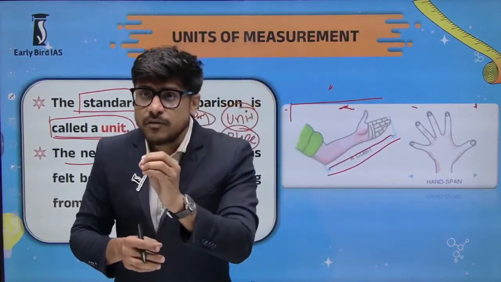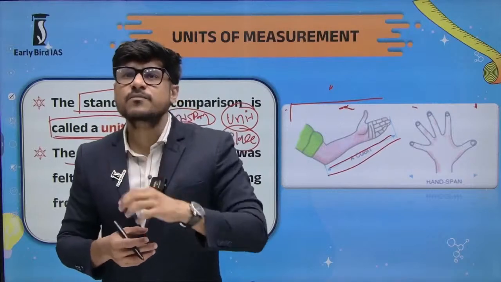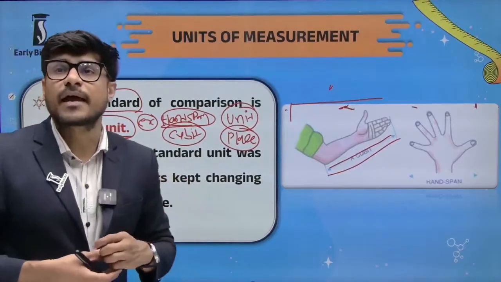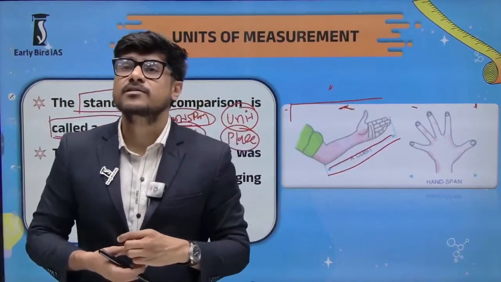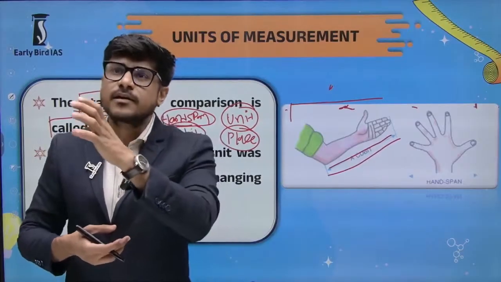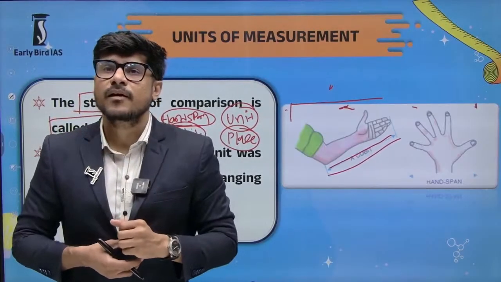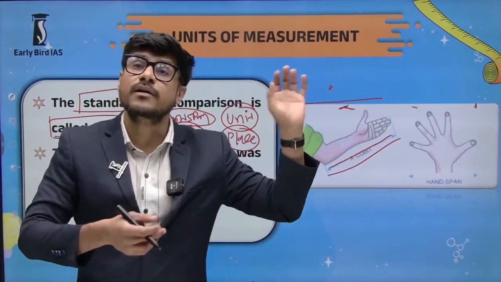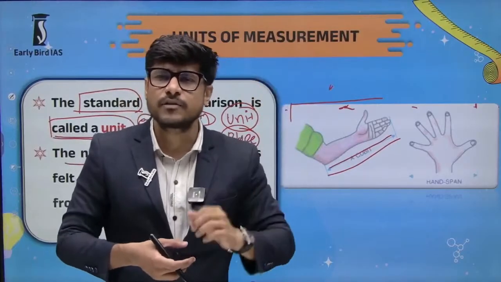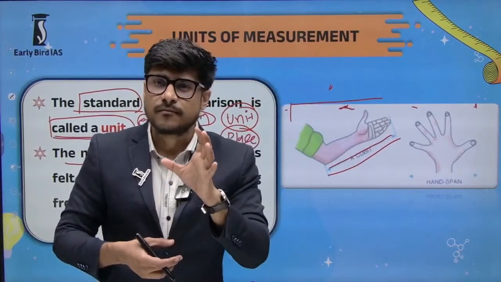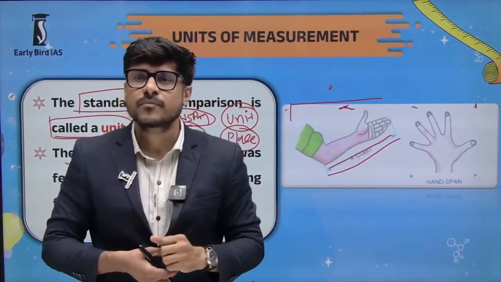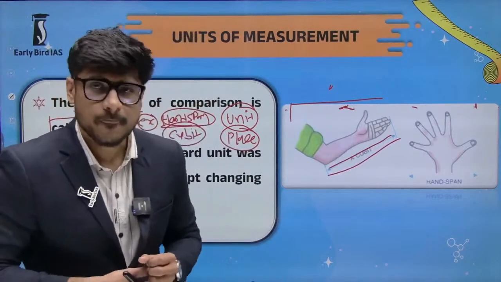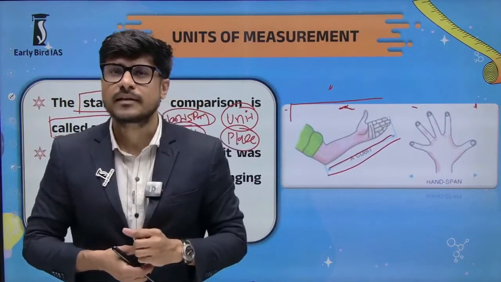There is a history of this standard unit, as we will study in this chapter, in this discussion of SI units, standard international units. That SI unit comes from the French Revolution. It has a history that goes back to the French Revolution, but we will not go into that, because the French Revolution we will discuss in your preparation time, in the history subject.